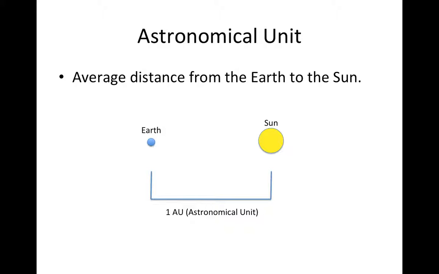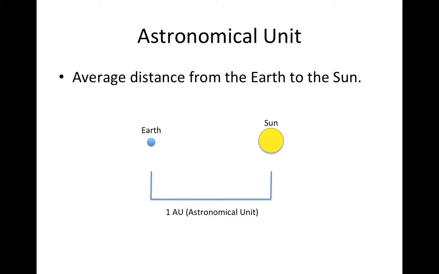the astronomical unit, and that is defined basically as the average distance from the Earth to the Sun. Okay, and so that is defined as 1 astronomical unit. Actually this unit was of an unknown quantity for a long time.